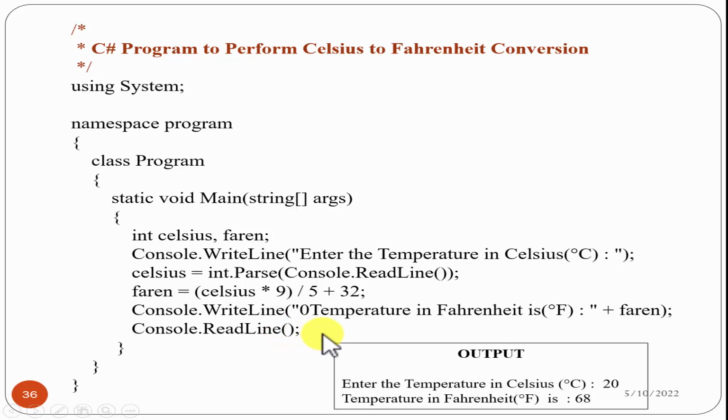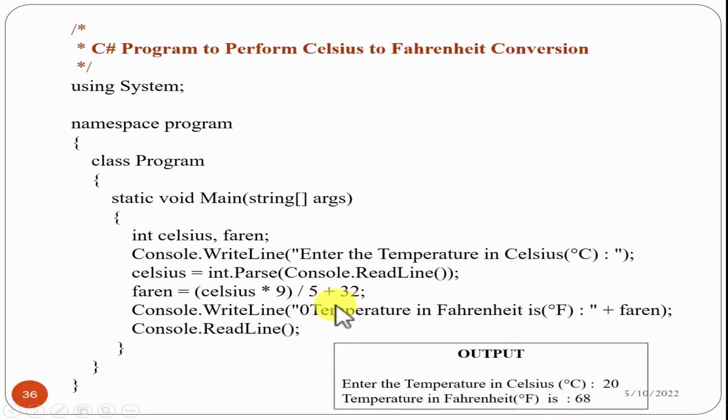Console.ReadLine just waits until a key is pressed on the keyboard. Here I put a 0 by mistake, a manual human error. You are not seeing this, so don't be confused by it. Otherwise, temperature in Fahrenheit, degree F, is directly receiving the value here.